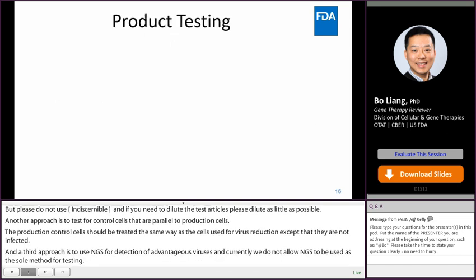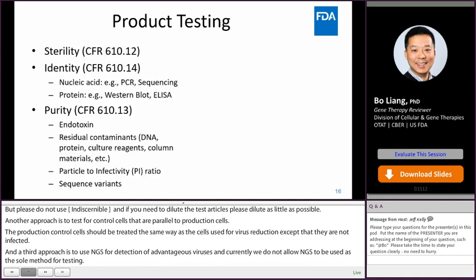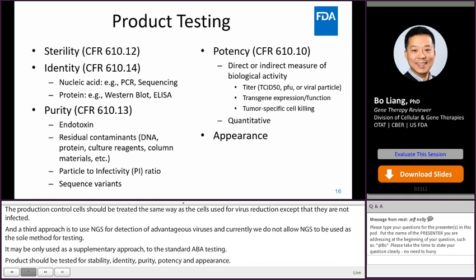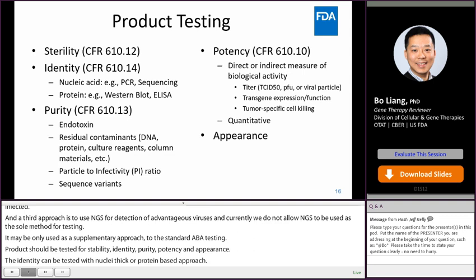For lot release, products should be tested for sterility, identity, purity, potency, and appearance. The identity can be tested with nucleic acid-based or protein-based approaches. Purity is assessed by measuring endotoxin, process residues, and product-related impurities such as non-infectious viral particles and genetic variants.